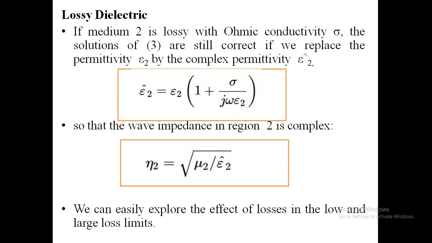Lossy dielectric. If medium 2 is considered to be a lossy dielectric with ohmic conductivity sigma, the above equations can be used by replacing the permittivity with a complex permittivity epsilon 2 cap, where epsilon 2 cap is given as epsilon 2 times 1 plus sigma by j omega epsilon 2, where sigma is the ohmic conductivity and omega is the angular frequency, so that the wave impedance in this region is complex, and the intrinsic wave impedance eta 2 is equal to root of mu 2 by epsilon 2 cap.